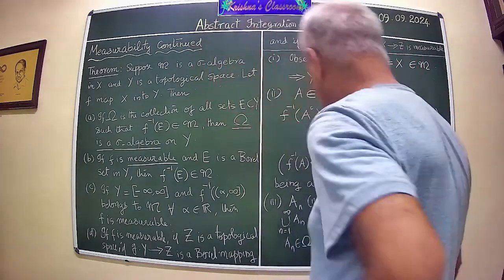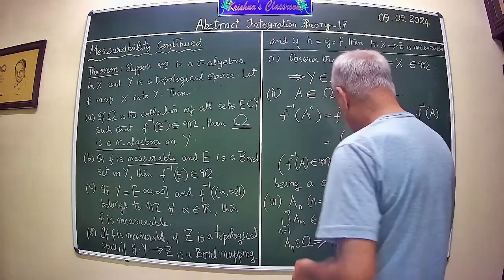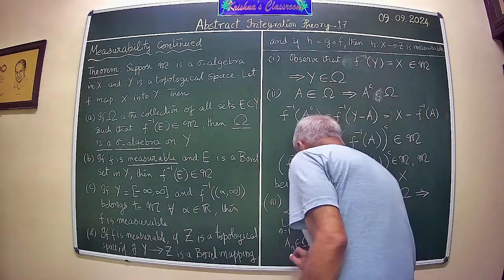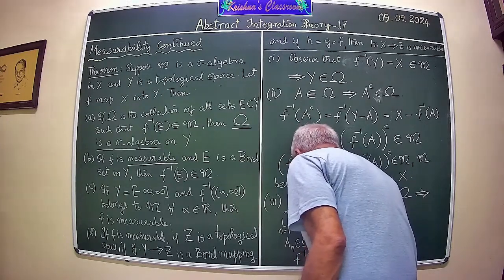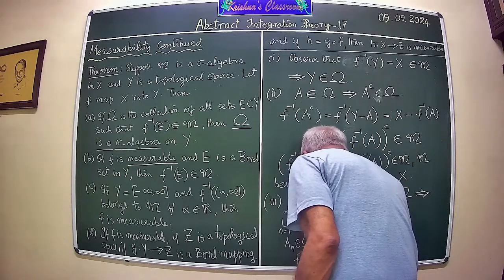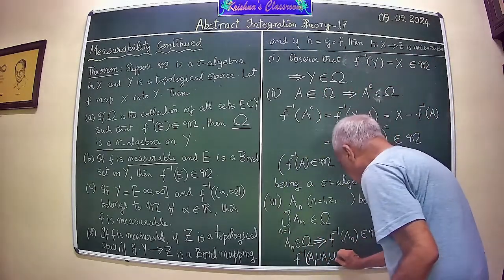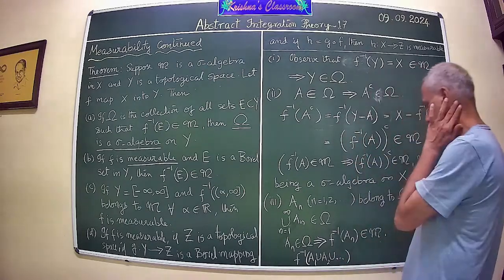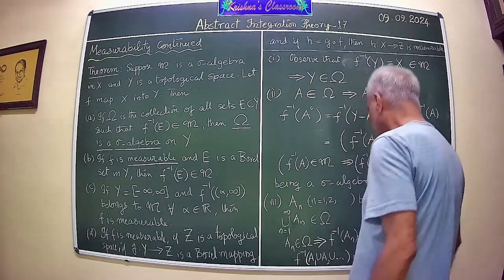Okay. Now F inverse of the union of An, etc. This is equal to the union of F inverse of An.